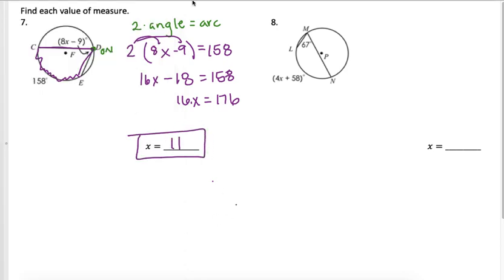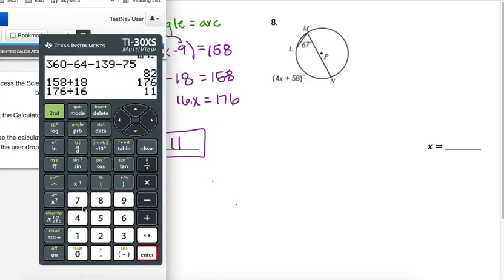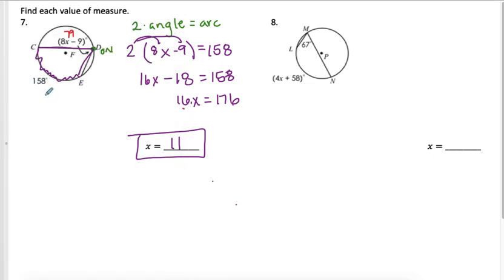I could plug this back in to check my work. 8 times 11 is 88, minus 9 is 79. All right, so 2 of that angle should equal arc. So let's see if we say 2 times 79 should equal my arc. There's the 158 we were expecting. So I know that I've checked this and have the correct answer.